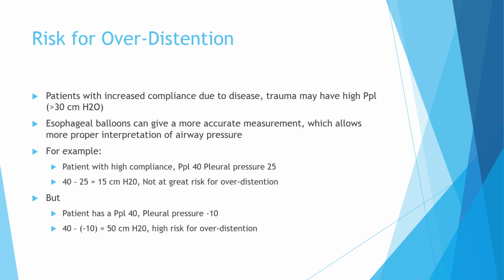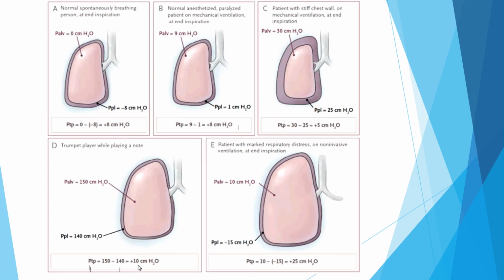So we have a patient that's on a ventilator and they have ARDS, they don't have anything going on with their belly. You walk in and they have the same plateau pressure of 40, but you have your balloon that's giving you a pleural pressure of -10. Mathematically, 40 minus -10, again, you have to add that algebraically, and we get 50. So that patient's at really high risk for over-distension. That's where the usefulness of this balloon is really going to be helping us.